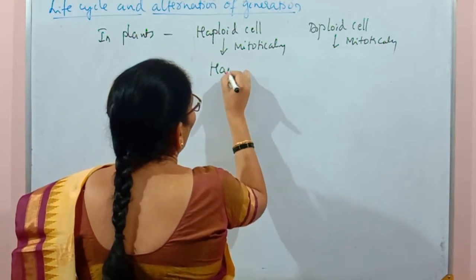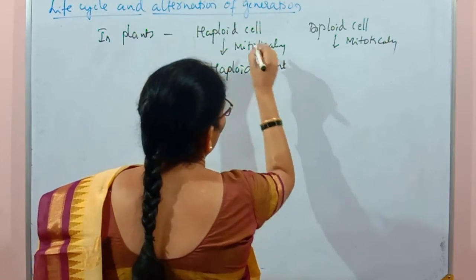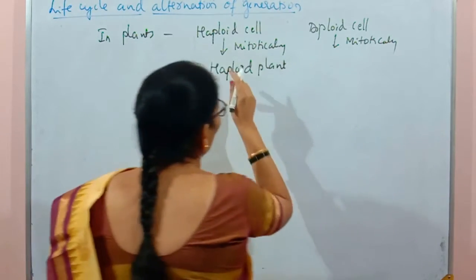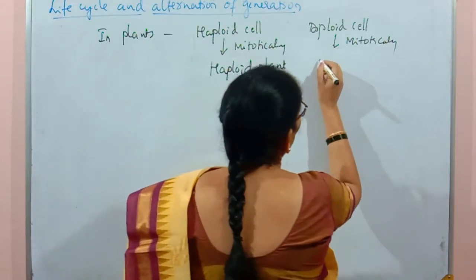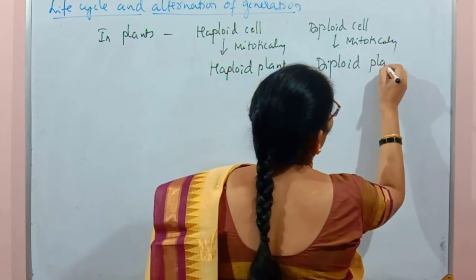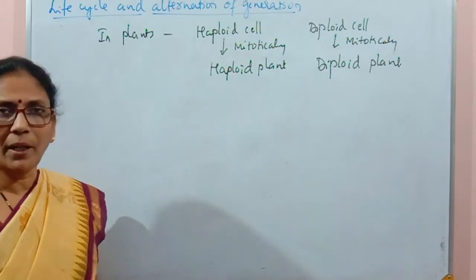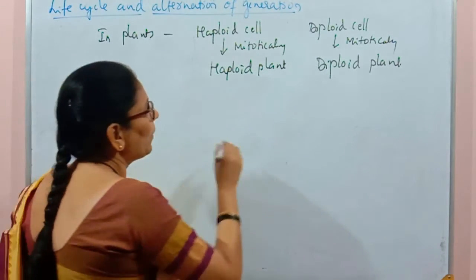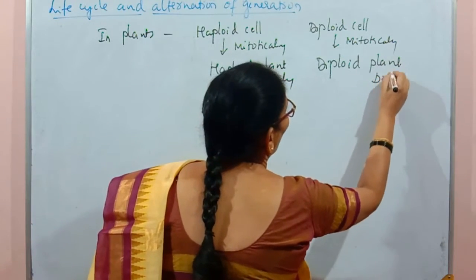Here the haploid plant body is produced by the continuous mitotic division in the haploid cell, and the diploid plant body is formed by the division of diploid cells mitotically.